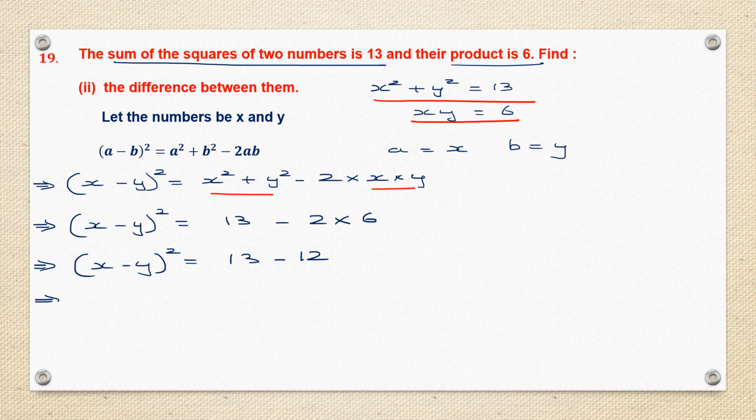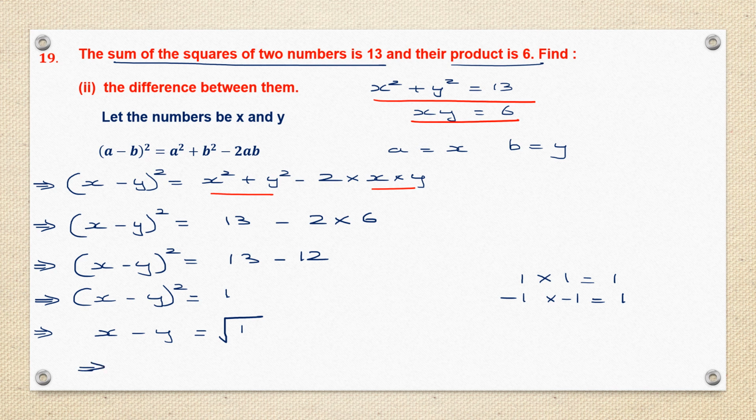So x minus y the whole square is 13 minus 12, which is 1. So to find the value of x minus y, we have to take the square root of 1. So what are the numbers that multiply to give you 1? 1 into 1 is 1. If you have minus 1 into minus 1, it is also 1. So we have found the value of x minus y, and that will be plus or minus 1. So this is our final answer.